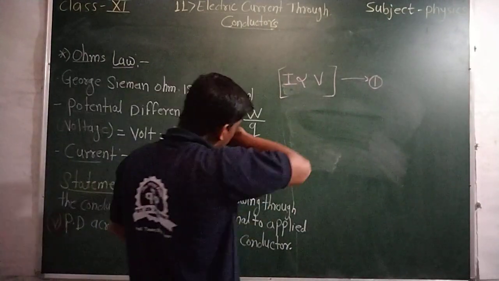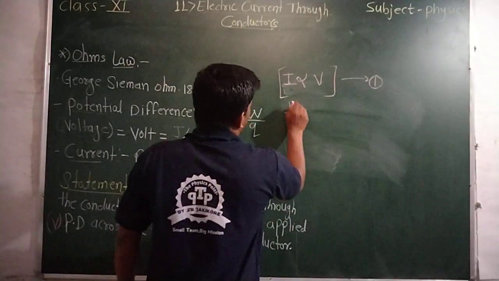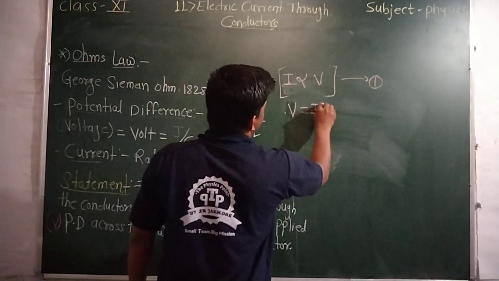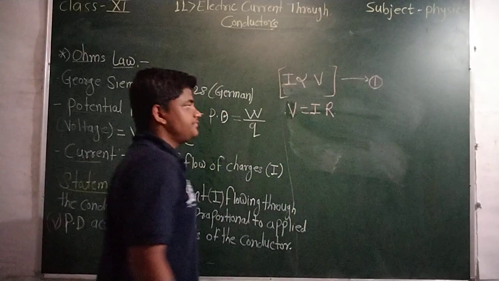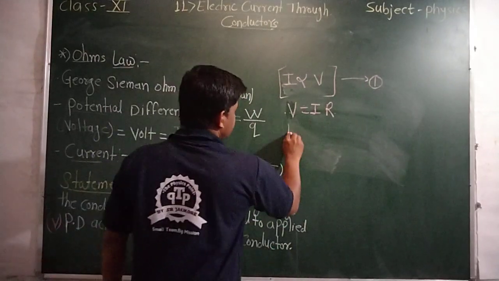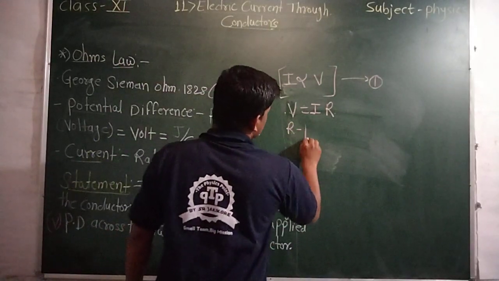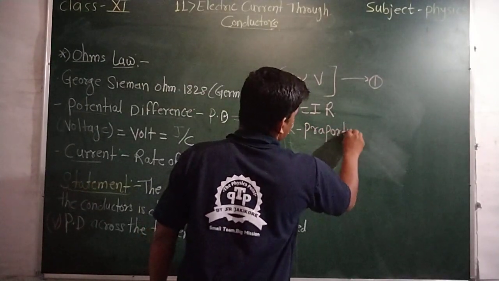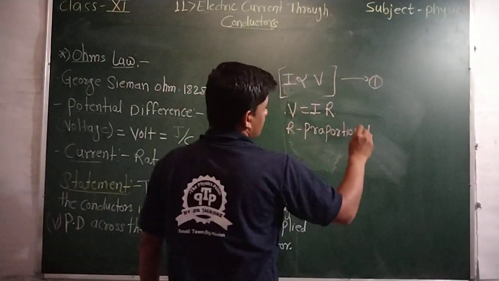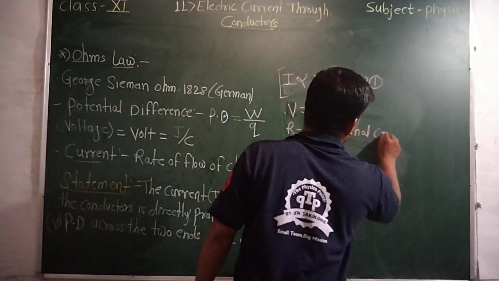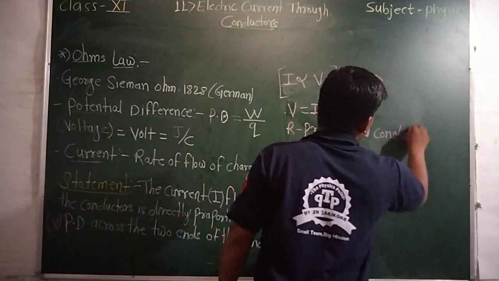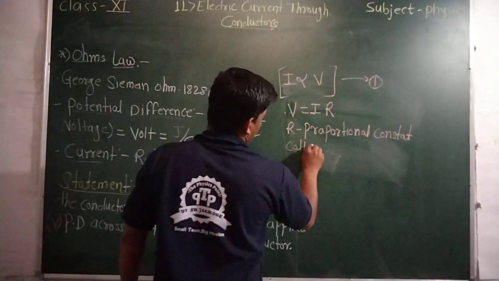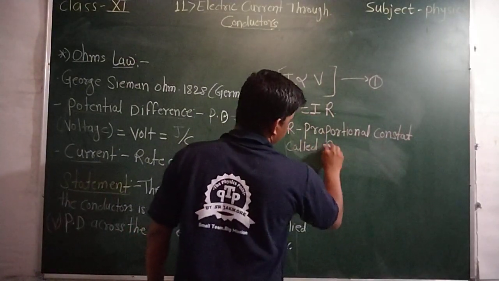We use a proportionality constant, so V is equal to I into R, where R is a proportionality constant called resistance.